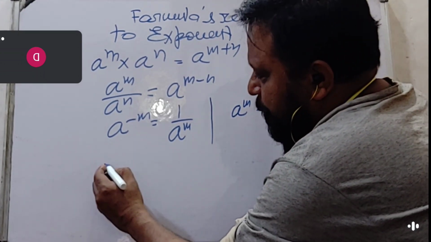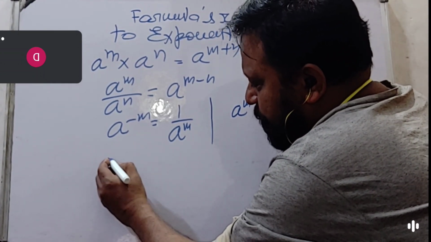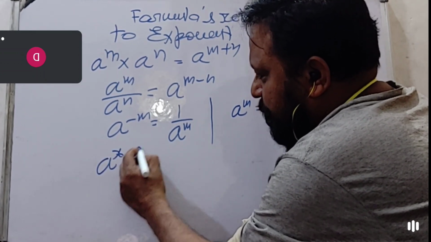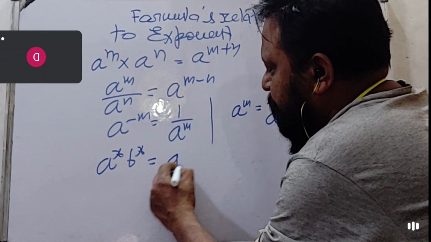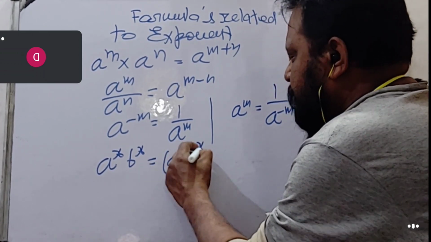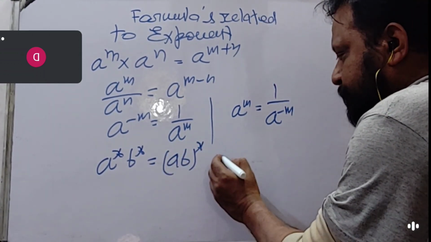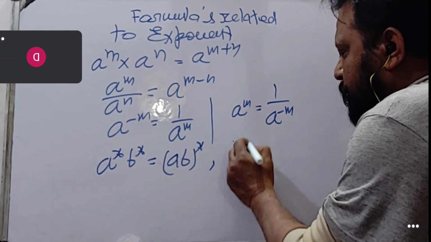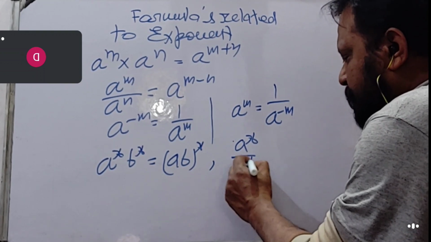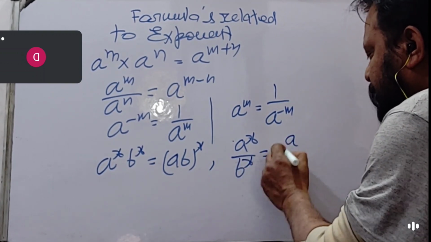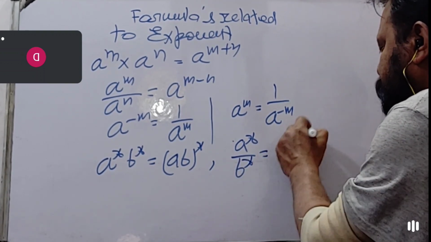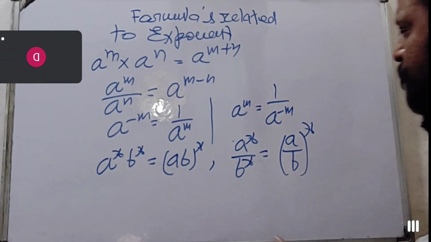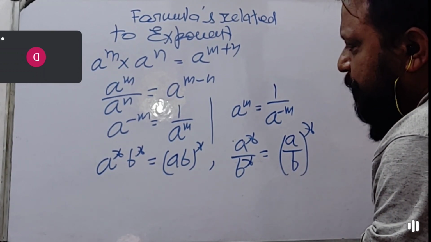Now we have a raised to the power x into b raised to the power x can be written as ab whole power x, right? And we can also write a raised to the power x upon b raised to the power x as a upon b raised to the power x, right?